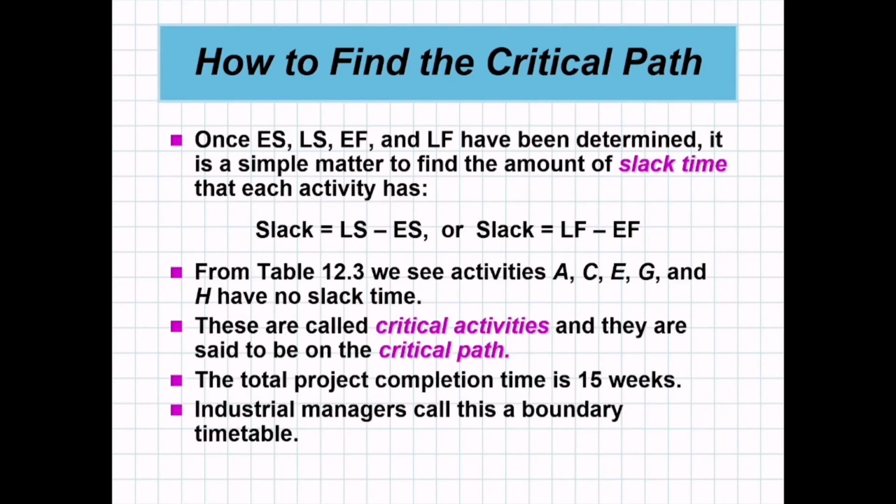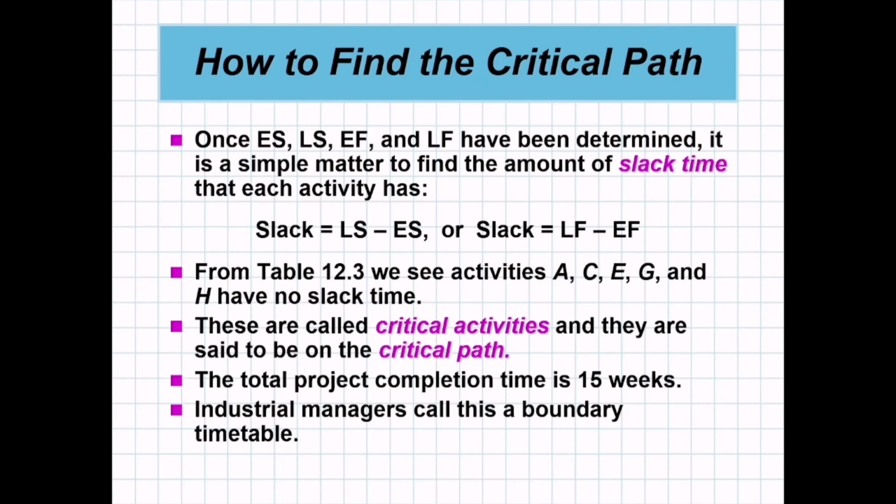Once ES, LS, EF, and LF have been determined, it is a simple matter to find the amount of slack that each activity has. So slack could be LS minus ES or LF minus EF. For table 12.3, we see activity A, C, E, G, and H have no slack time.